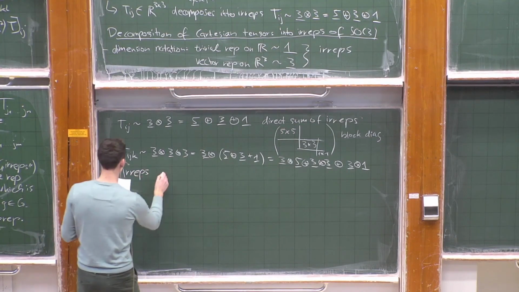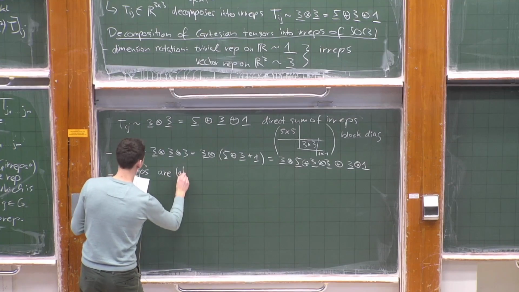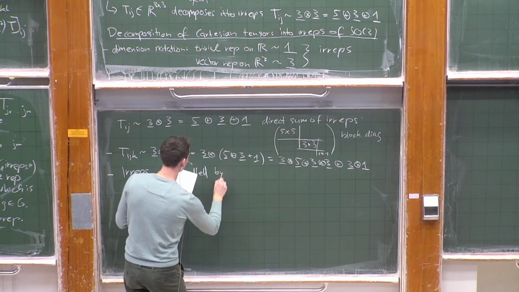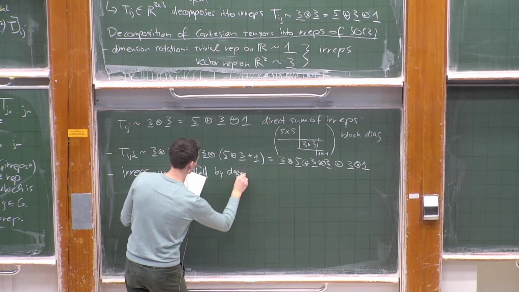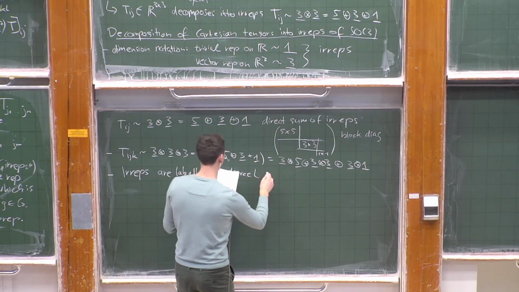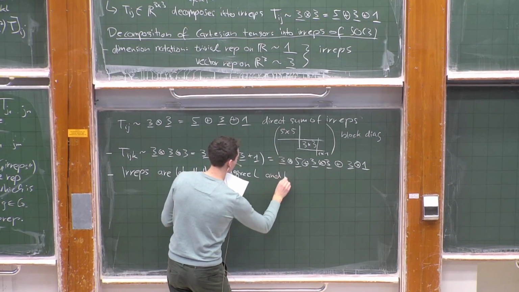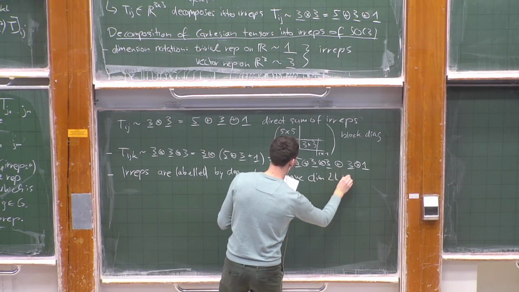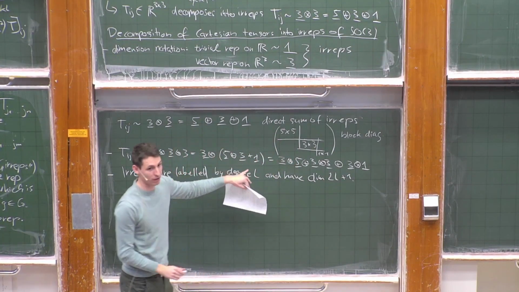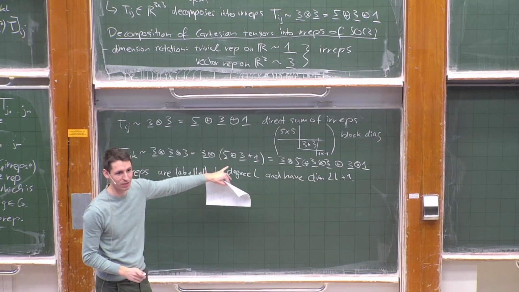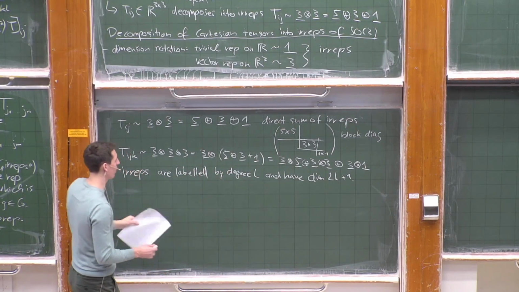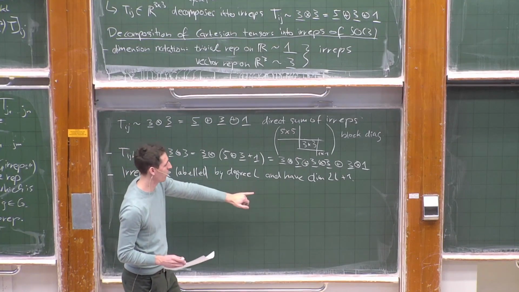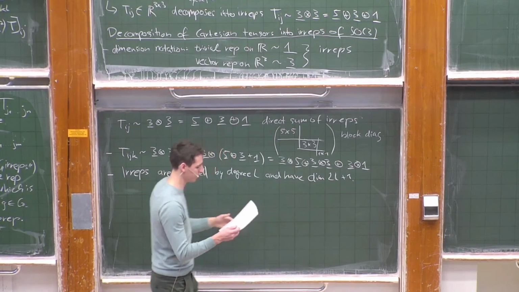Irreps are labeled by degree L and have dimension 2L plus 1. So you've seen that these dimensions of the irreps are always odd in the cases we've seen so far, but they continue to be odd all the way. And this is why we just label them by L and get the dimension by 2L plus 1.